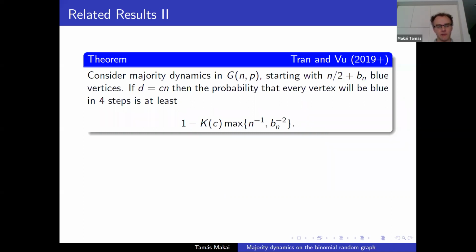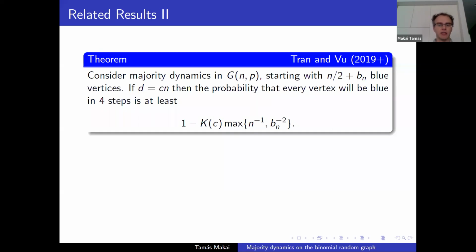And when the average degree is a constant c times n, then they provide a lower bound on the probability that every vertex will be blue at the end of the 4th step.